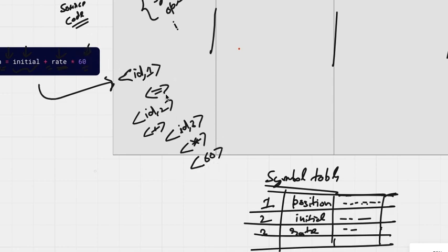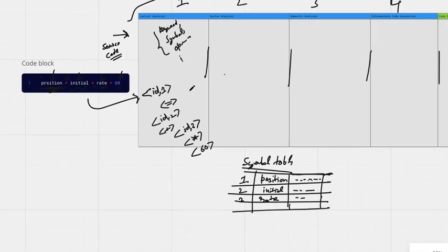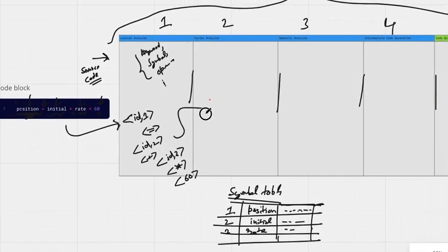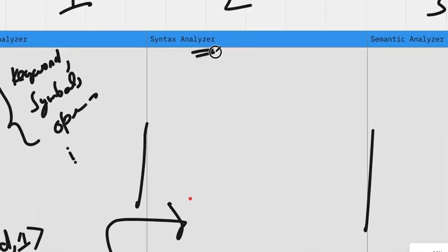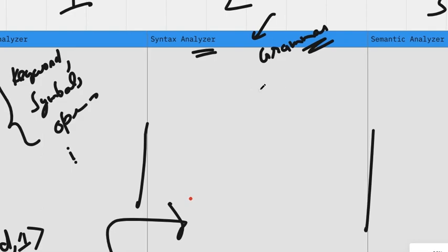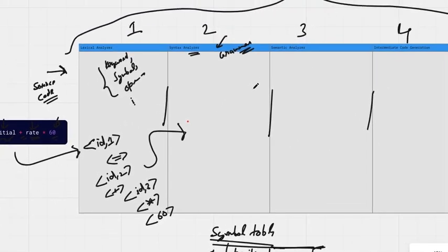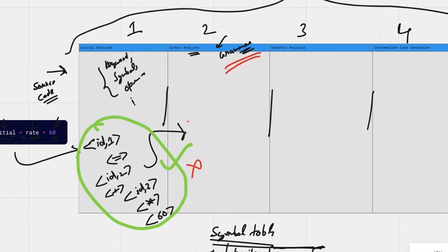So that is how it creates these tokens, and these tokens are sent to the next phase, that is called the syntax analyzer phase, and it also has a set of rules in the form of grammar. So it checks whether the given input is valid or not based on these grammars.